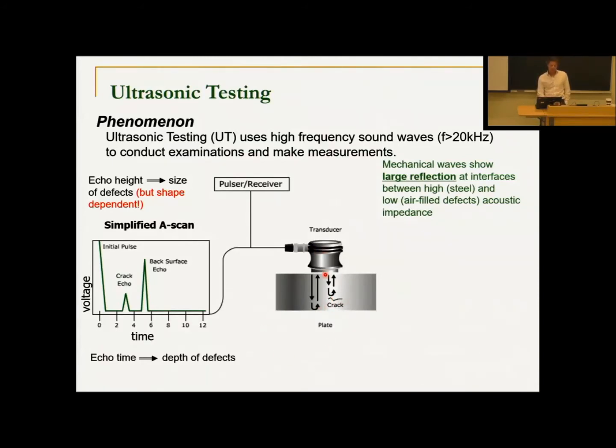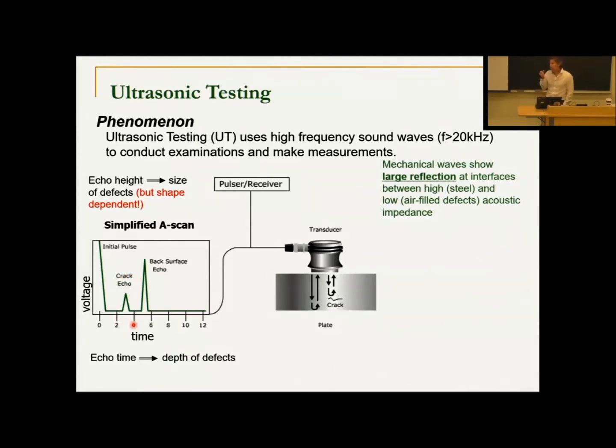And we express this in a signal. Typically the output of this transducer, which is the sender and the receiver, is monitoring that surface motion. How is that surface moving, and how is it moving with respect to time? If the wave comes back sooner, earlier in time, maybe we have a crack.